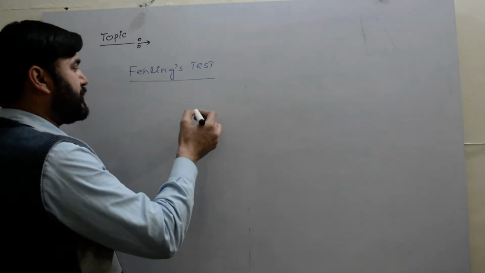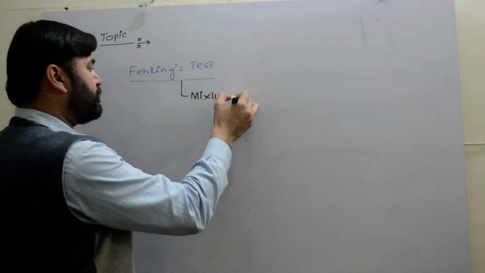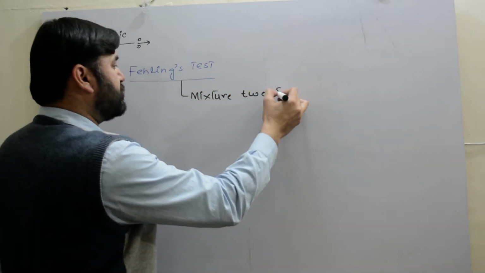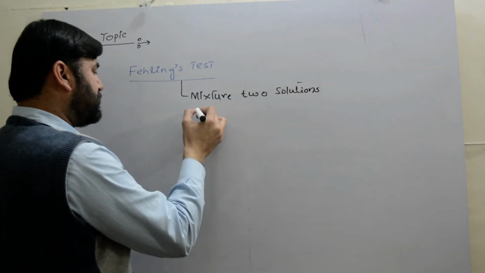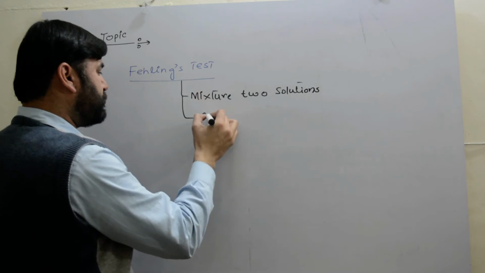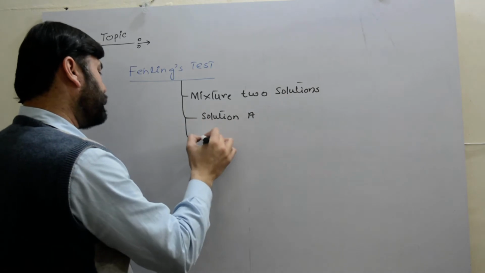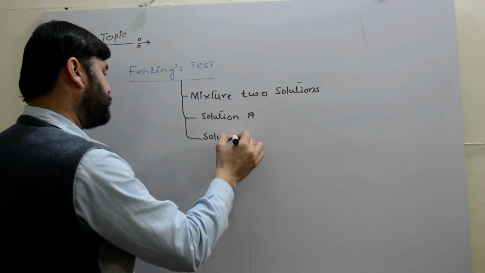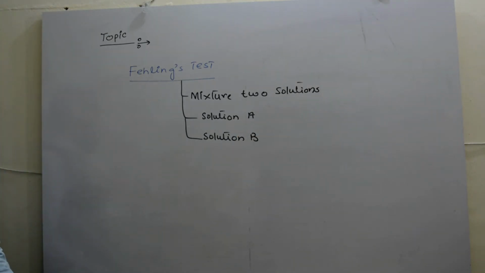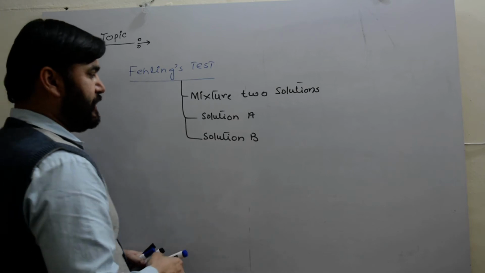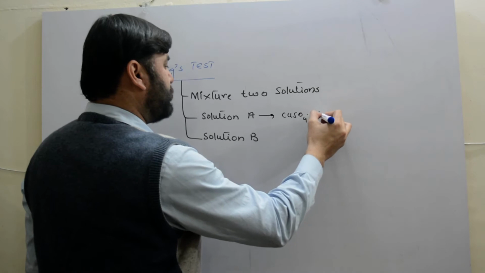Basically, it is a mixture of two solutions. This is called solution A, and the second is solution B. If somebody asks you what is solution A, solution A contains copper sulfate dot 5H2O.